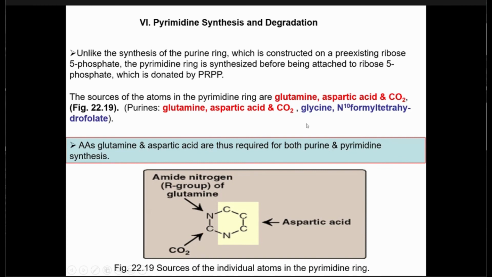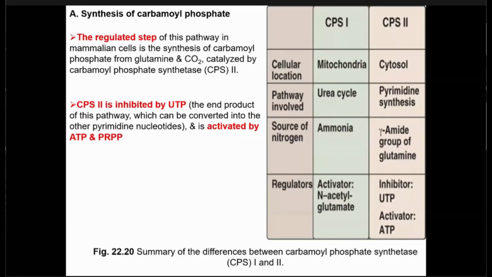I have asked questions before on these slides. I might ask you where the carbon dioxide comes from in the ring, or what the amino acids are, or what the difference is between the amino acids found in purines compared to pyrimidines. So please look at the slides and compare them with the ones for the purines.